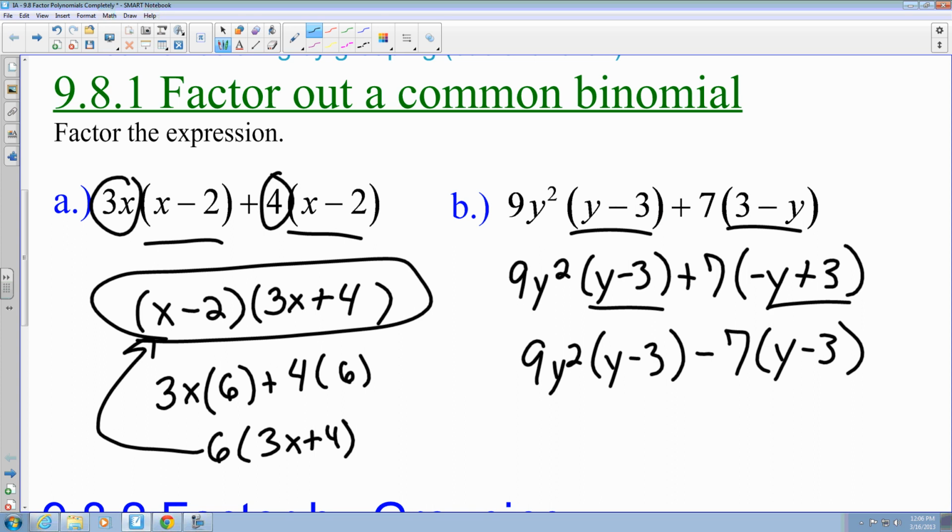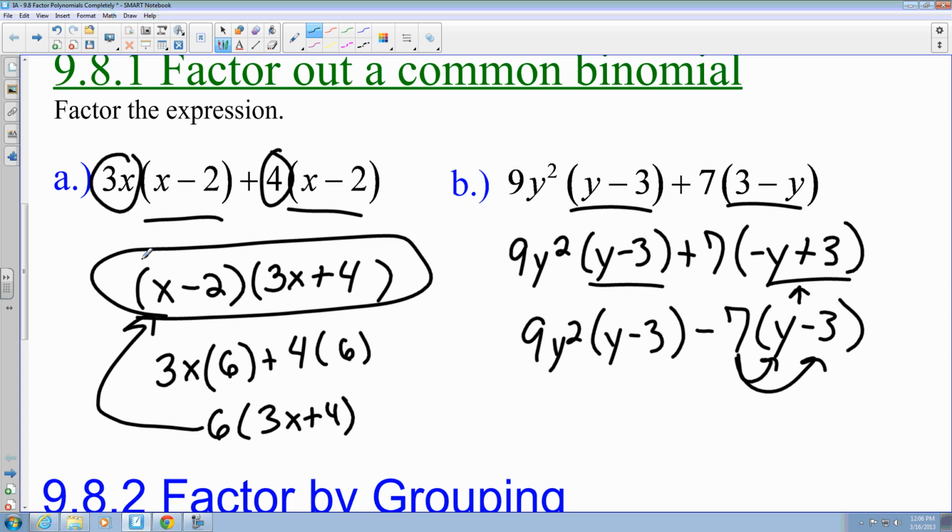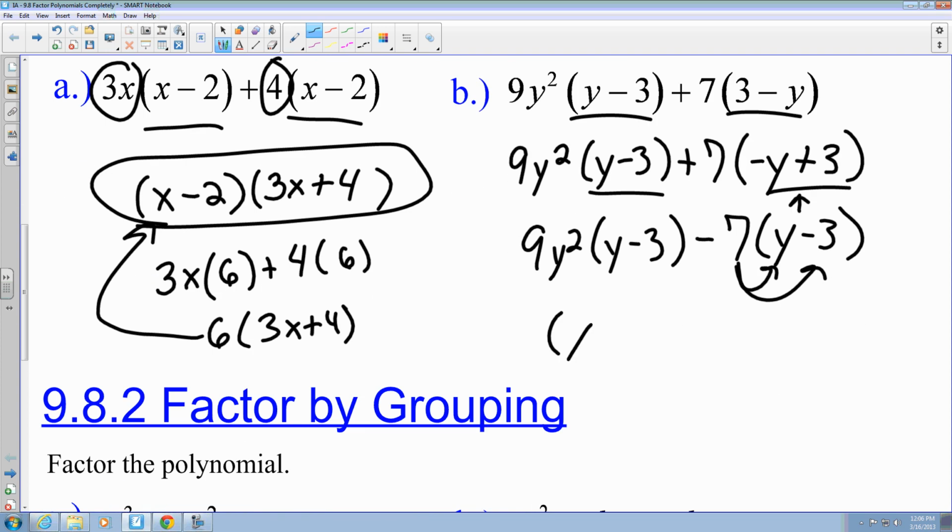If I were to distribute this out here, it would look exactly the same as we'd have up top. But now I have a common binomial, which is y minus 3. So now I can go y minus 3 here, times the quantity 9y squared minus 7.